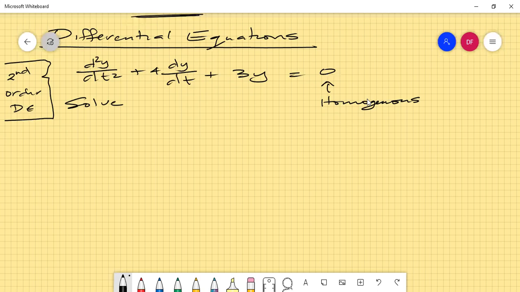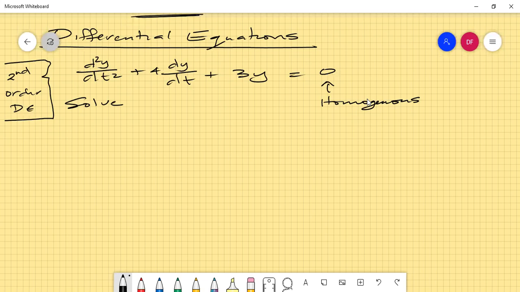Rewrite it with the auxiliary equation. All right. So we rewrite it with the auxiliary equation. So the auxiliary equation that we're going to write down, let me go through some first principles.